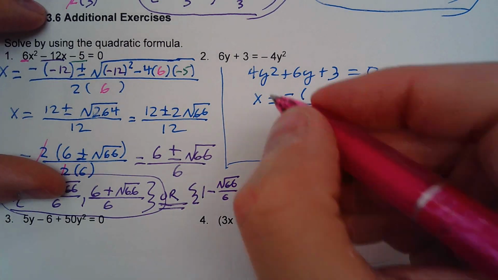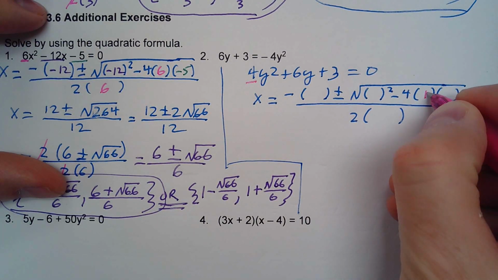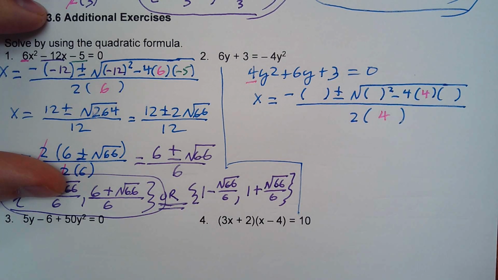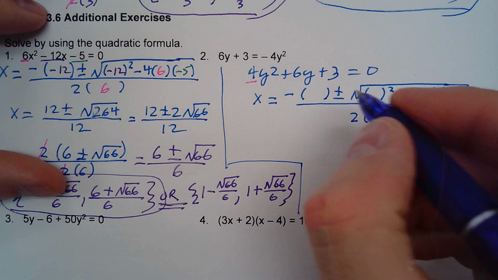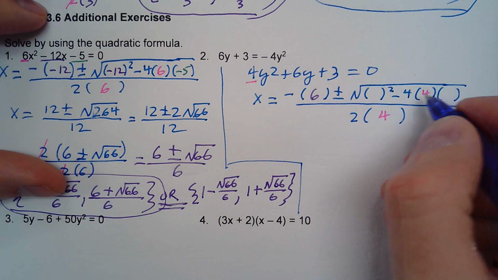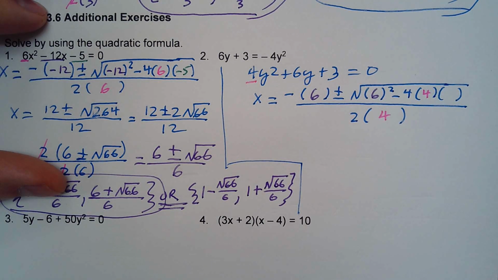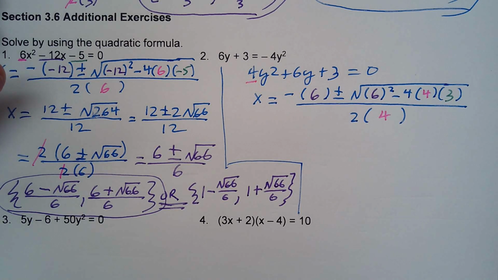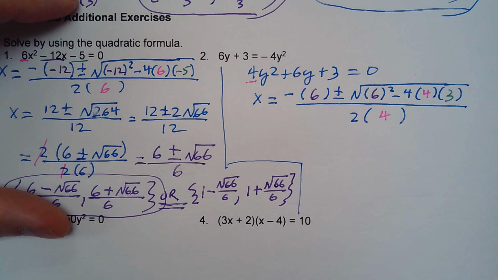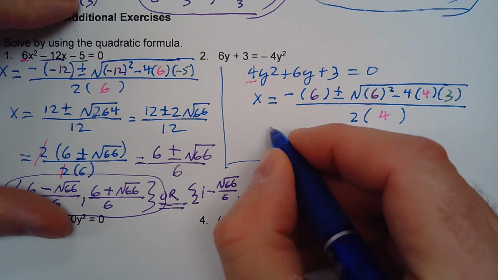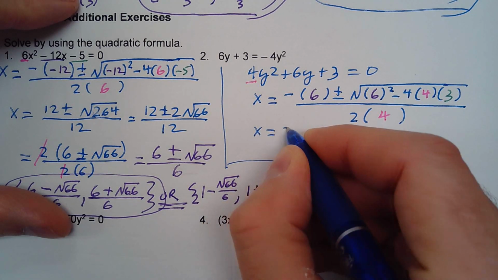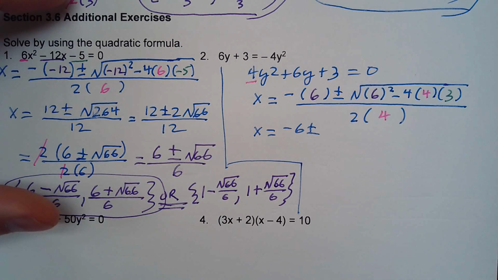So my a here is 4. B here is 6. C is 3. So this is going to simplify to a negative 6 plus or minus.